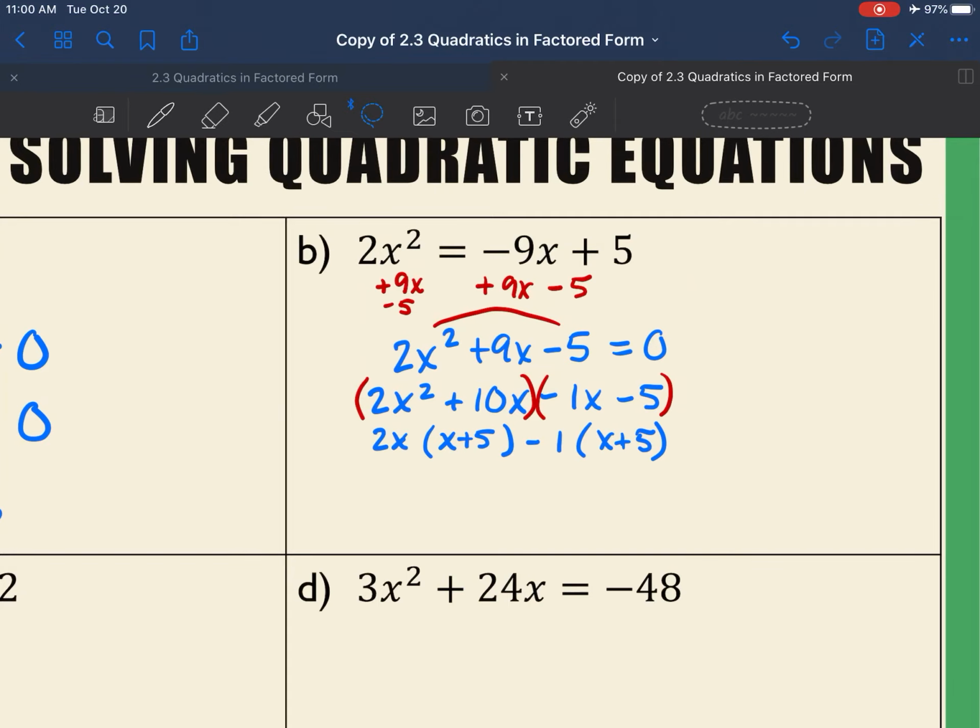And then, okay, so finish the whole factor by grouping, or decomposition, I guess. So you get x plus 5 times 2x minus 1 equals 0.